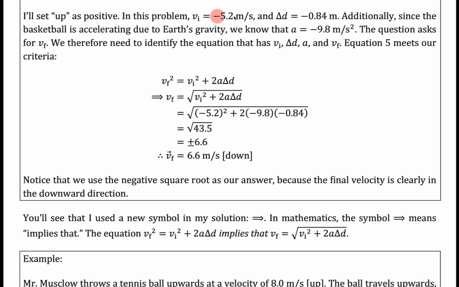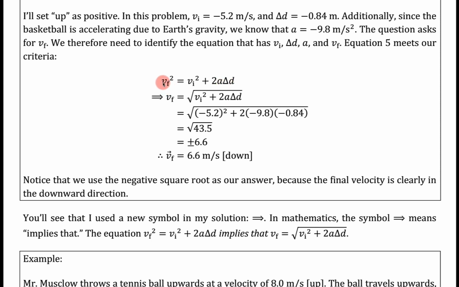So we know VI, delta D, and A, and the question is asking for VF. And so we need to identify our big five equation that has these four variables. And if you look in the table in our equation sheet, you can see that equation 5 meets that criteria. So this is equation 5.